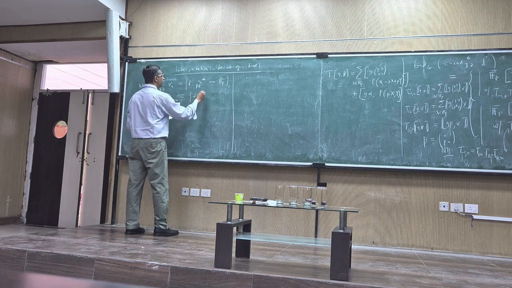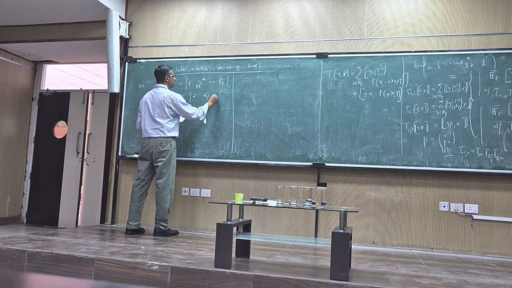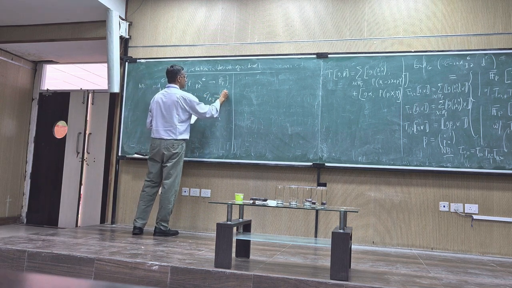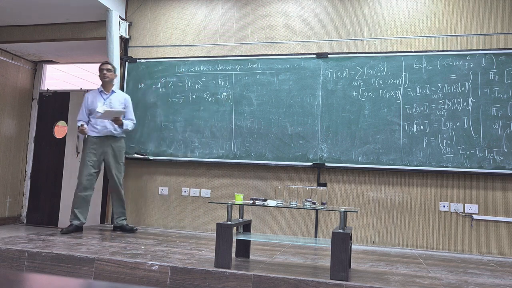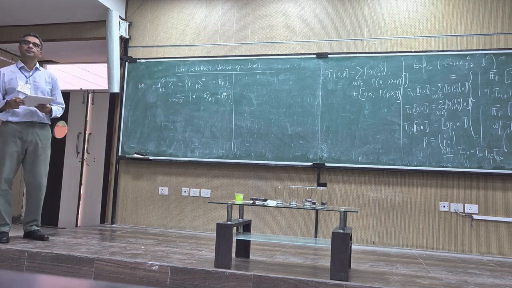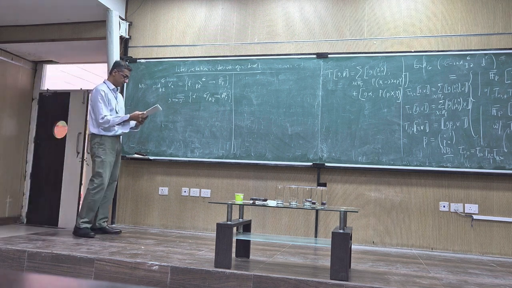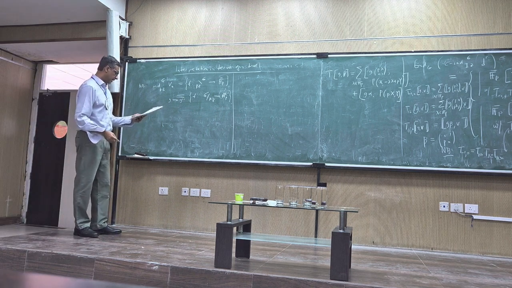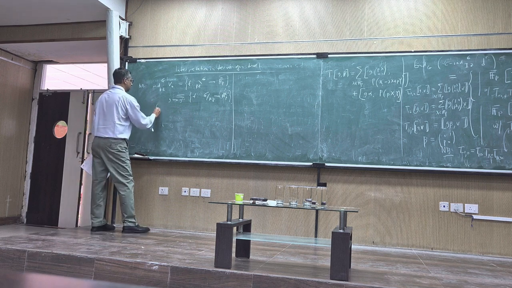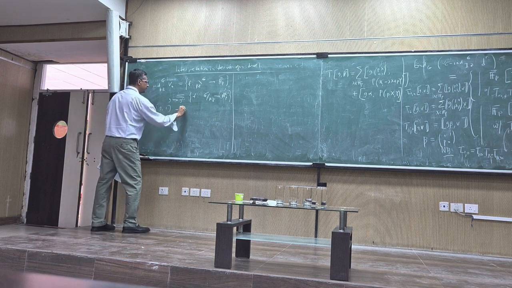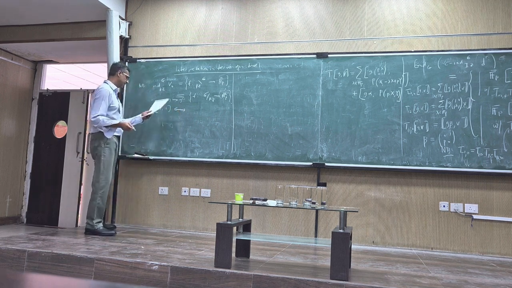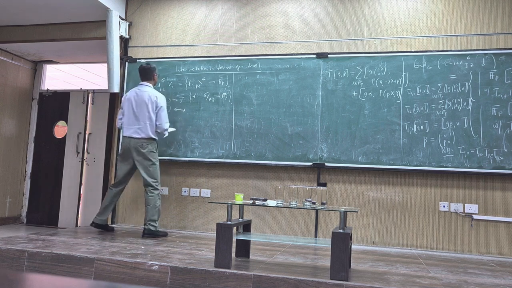So these are also functions from G mod KZ to F_p bar. By just changing the coset representative by the inverse, you can think of them as functions from G mod KZ to F_p bar.